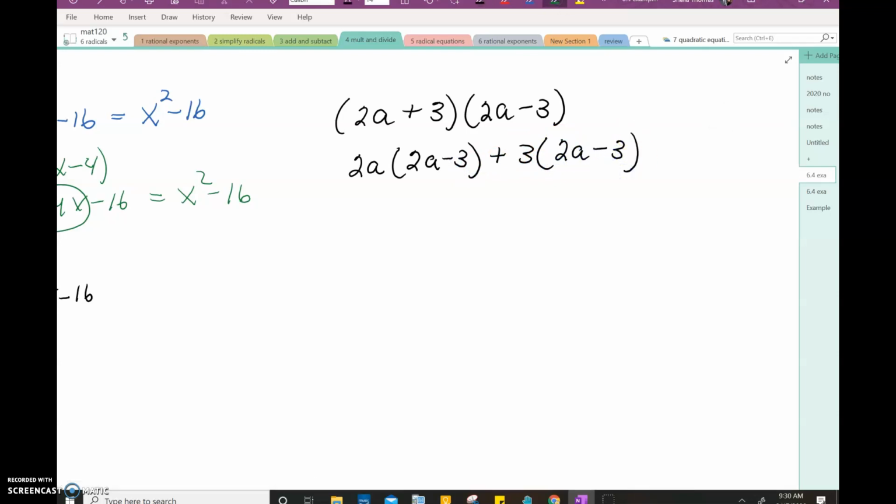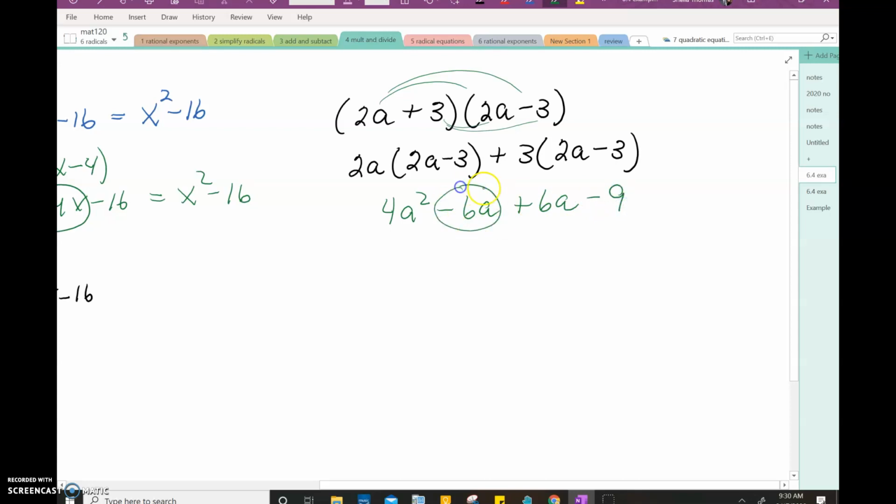Keep in mind this is exactly the same thing as the loop-de-doop-de. Continuing to multiply. That's going to give me 4a squared minus 6a plus 6a minus 9. Combine like terms. Gives me a 4a squared minus 9.